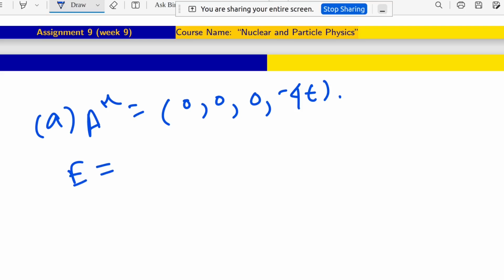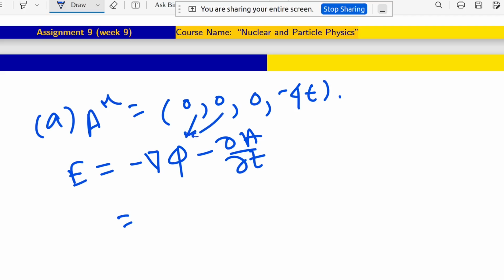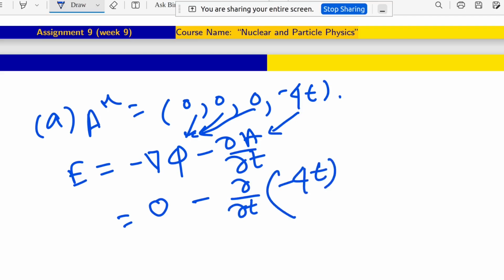What is the expression relation between E and A? It is E equals to minus grad phi minus del A del T. You can see minus grad phi, these are all 0, so that is giving 0. Del A del T, it is del T of minus 4t.